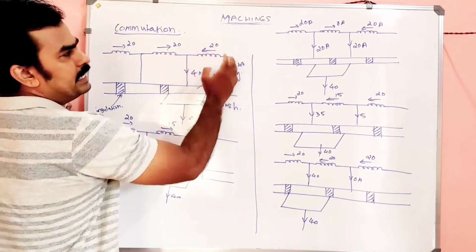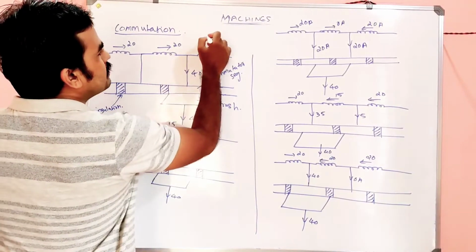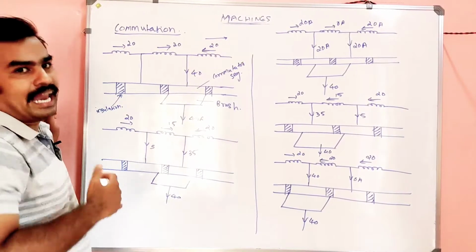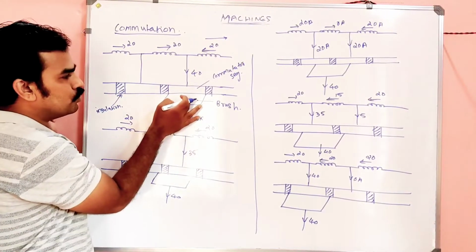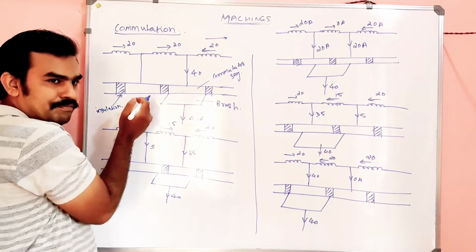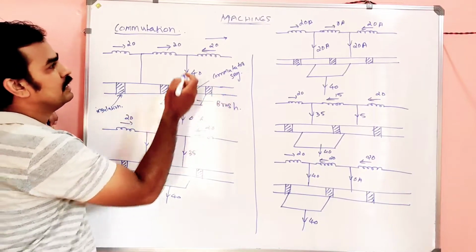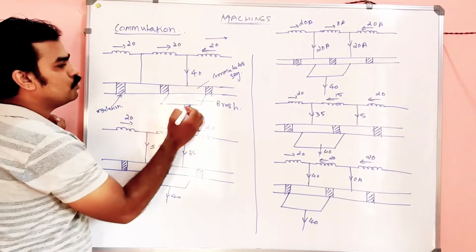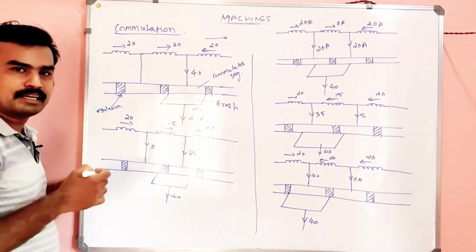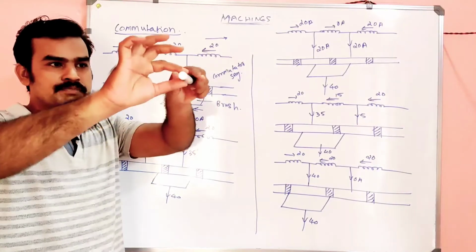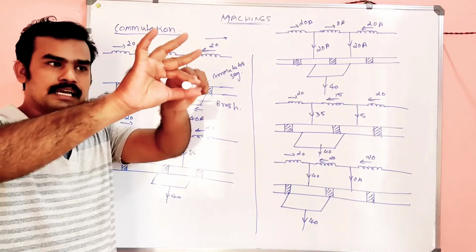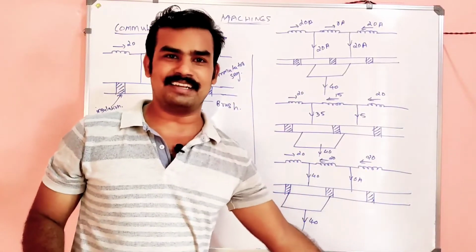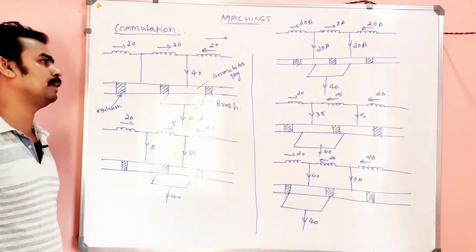Suppose the motor is moving in this direction, then we may feel like the brushes will be moving from right towards left. Am I correct? If the motor is moving anti-clockwise, then as far as the brush is concerned, the brush will move in the clockwise direction, correct? You can assume in that manner.